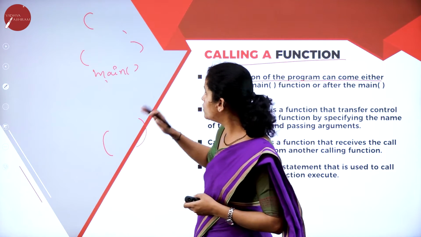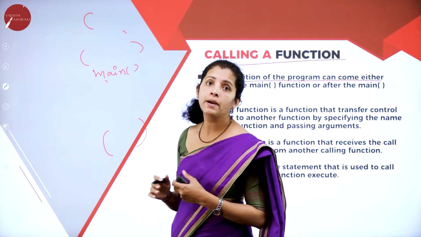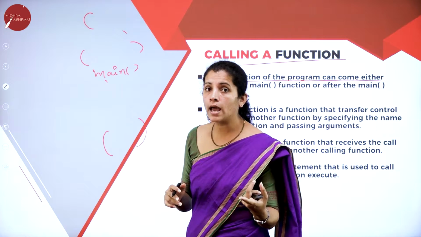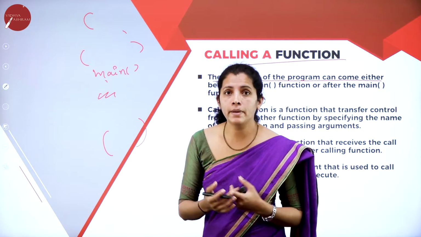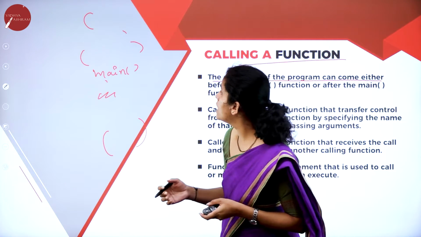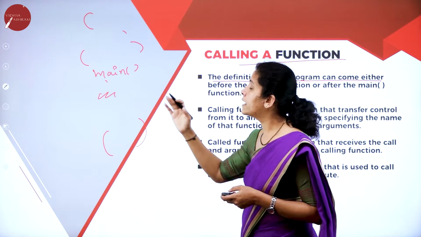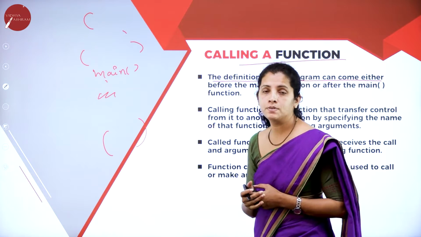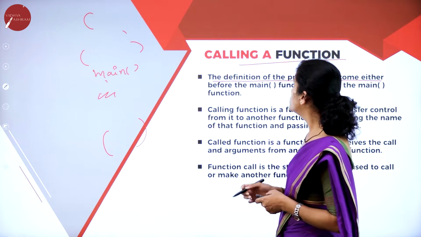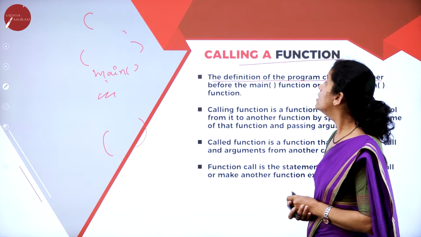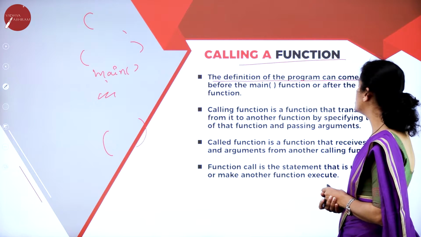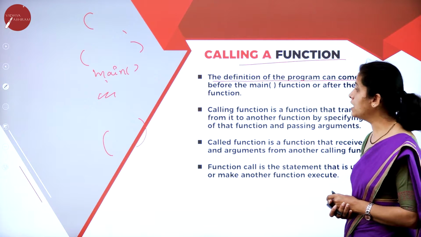So I can write the function prototype above the main program, or as the first line in my main program. So this is the way I can write the function prototypes in my program. So the definition of the function can come either before the main function or after the main function.